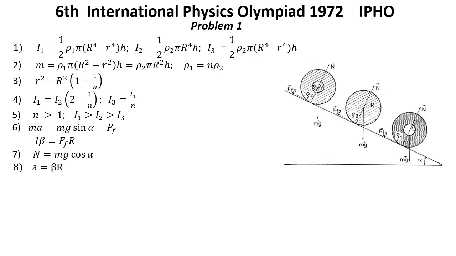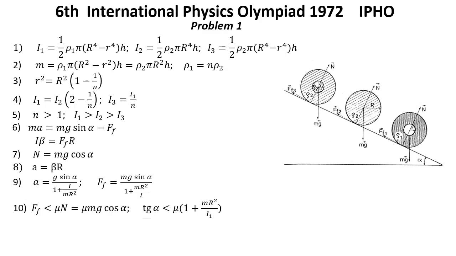Solving the equation system from 6 to 8, we can find that acceleration a equal g sine alpha over 1 plus I over m R square, and the force of friction equal mg sine alpha over 1 plus m R square over I. The condition of non-sliding is the following: force of friction must be less than mu N, which is equal to mu mg cosine alpha.